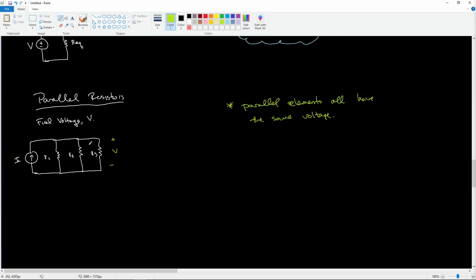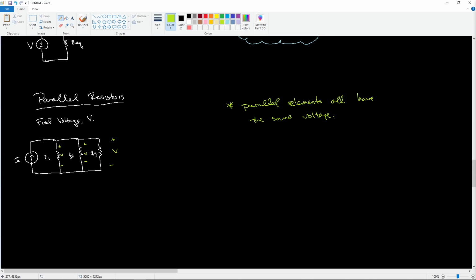And this is actually something that really helped me out when I started: accepting and noticing everything in parallel has the same voltage, everything in series has the same current. So if we can find V, that's the voltage across all of these resistors.